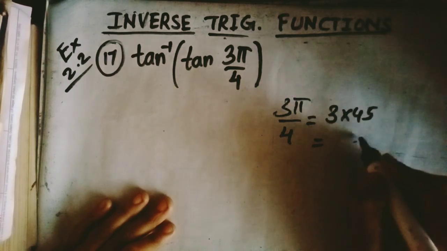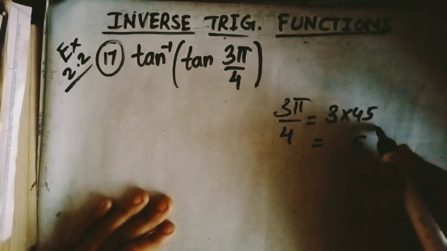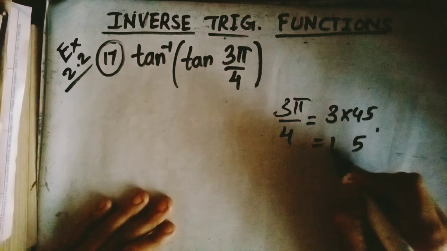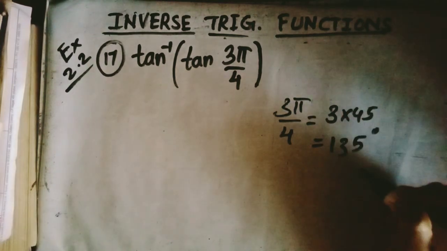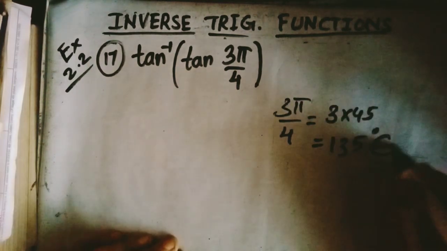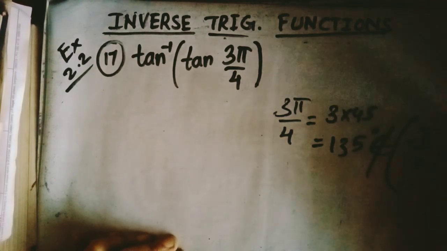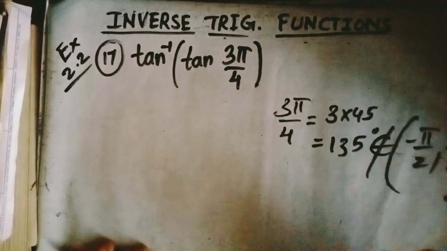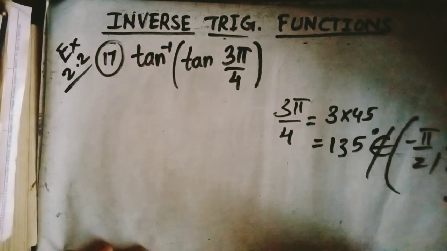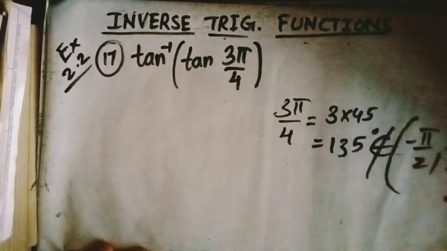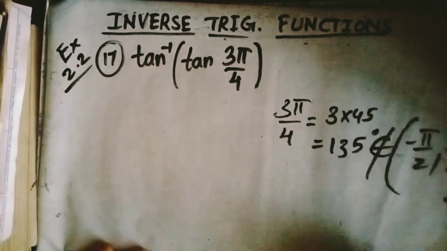So this is 135 degree. Okay, so it does not belong to minus pi by 2 to plus pi by 2, the principal branch of tan inverse. So this does not belong to it. So same way you have to find the value.